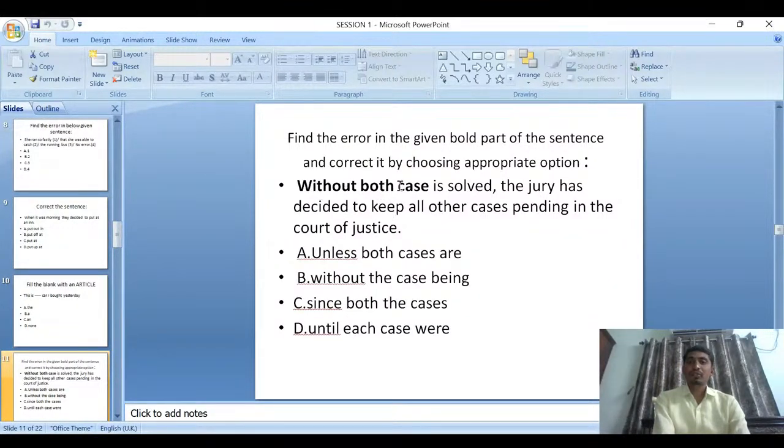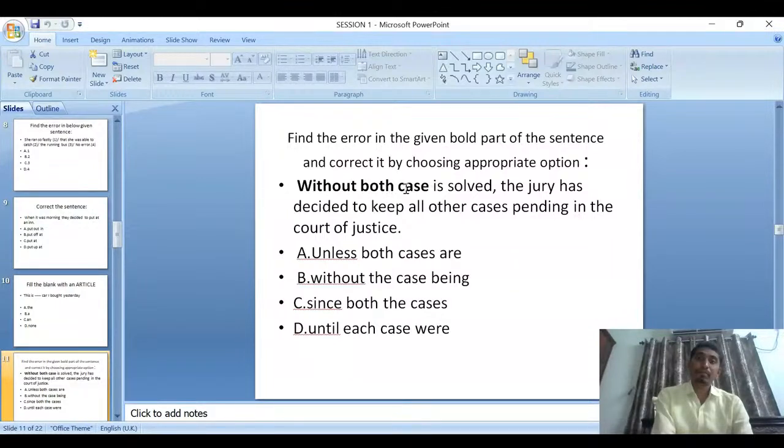Without both case is solved, the jury has decided to keep all other cases pending in the court of justice. If you look at this, "without both case is". When we see "both", it means cases, right? When the subjects are plural, the verb should be plural too. This question is all about subject-verb agreement.